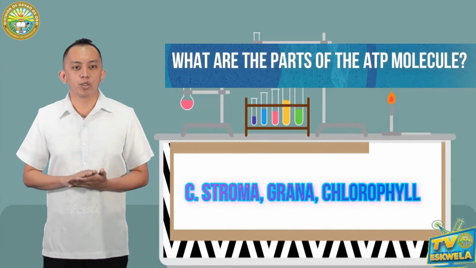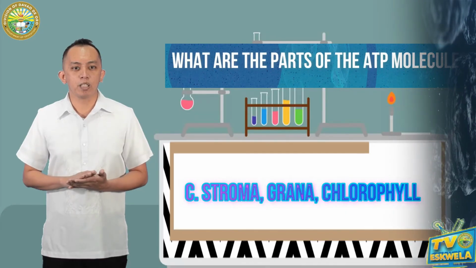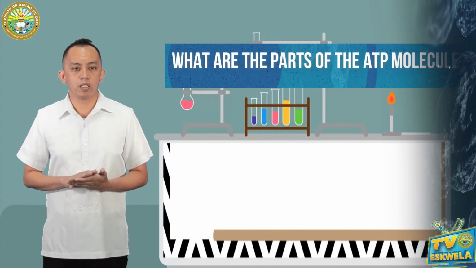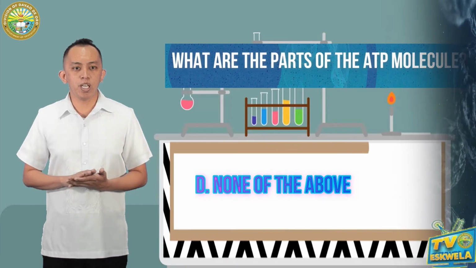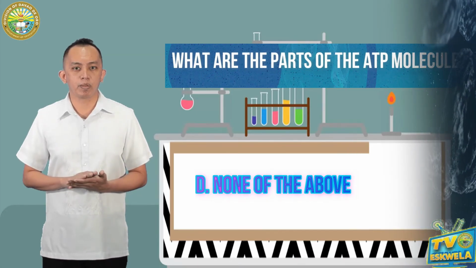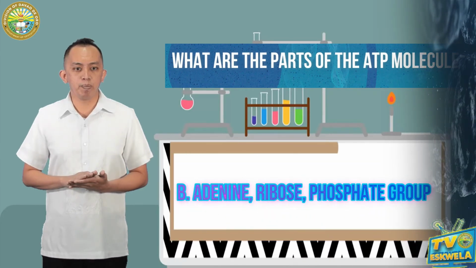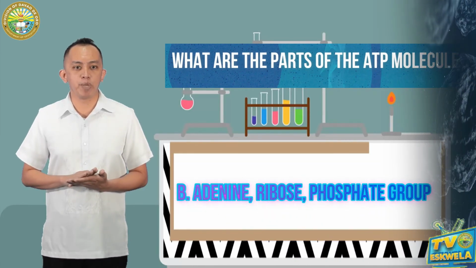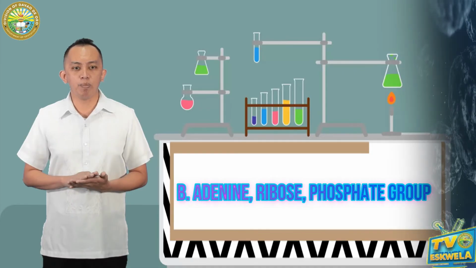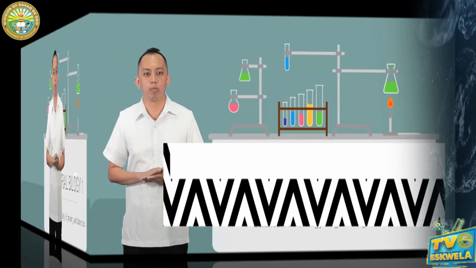Letter C, stroma, grana, chlorophyll. Letter D, none of the above. Time's up. The correct answer is letter B, adenine, ribose, and phosphate group.